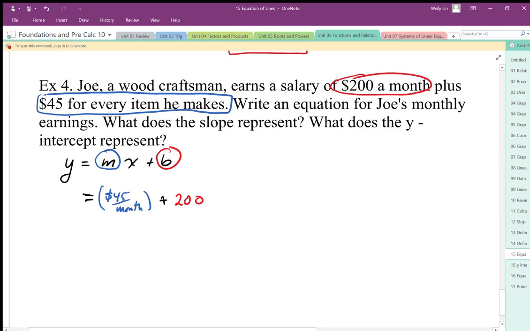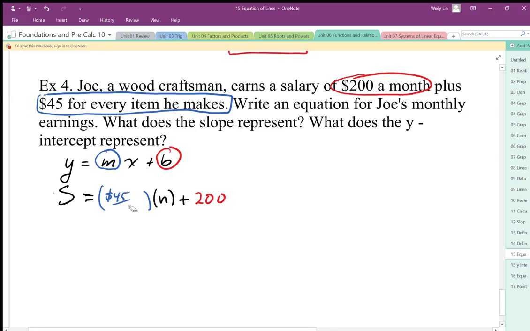And so, oops, I forgot to put my variables in here. My variables then are going to be, my independent variable is the number of items. Okay, so I'm going to write this as times n, and the y value is his salary, so I'll write that as S. So salary earned is going to be $200 plus $45 for every item.